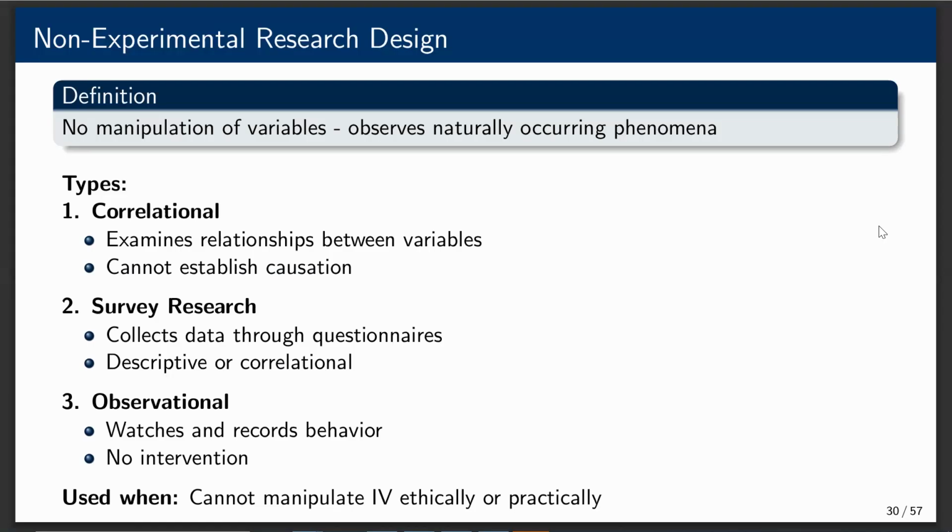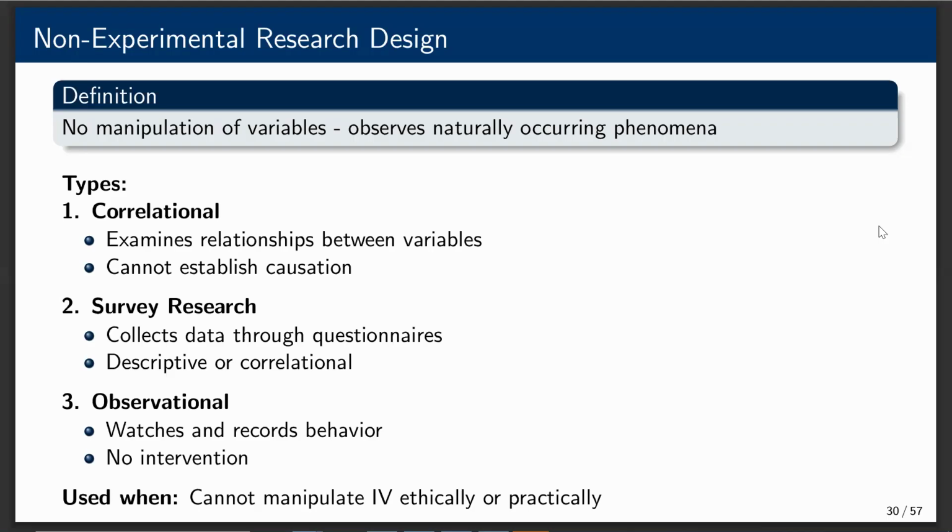So what are the different types? First is correlational. Correlational means you examine the relationship between the variables. You cannot establish causation. And there is survey research. Basically, survey research is when you collect data through questionnaires. It might be descriptive or correlational. And third is observational.